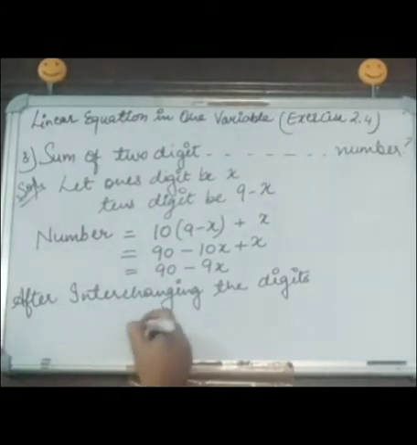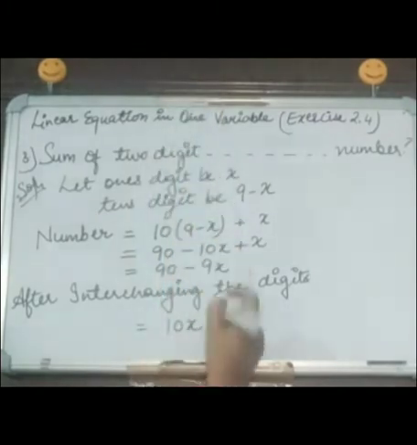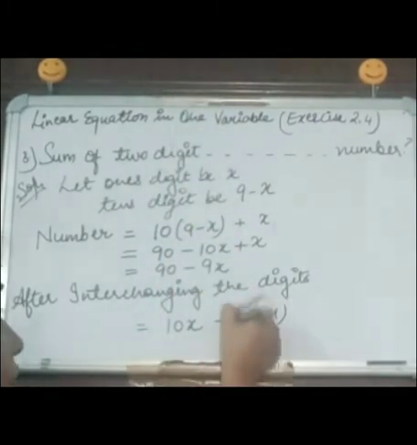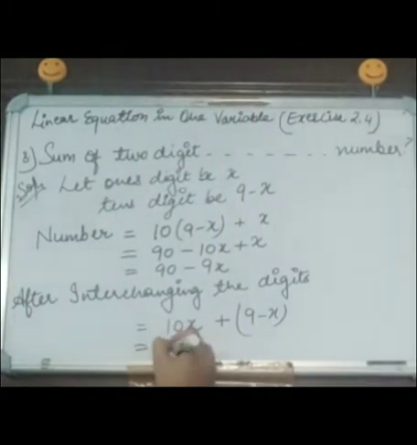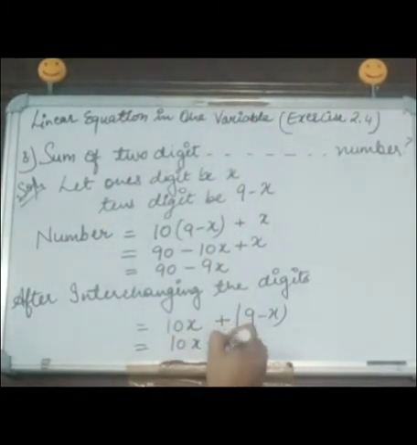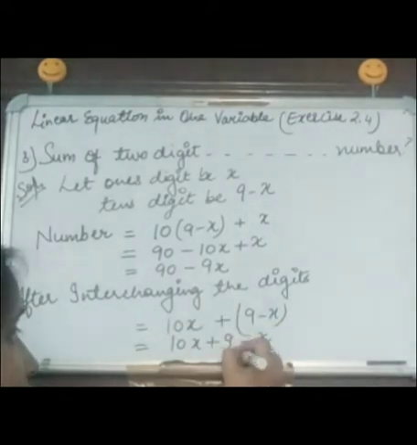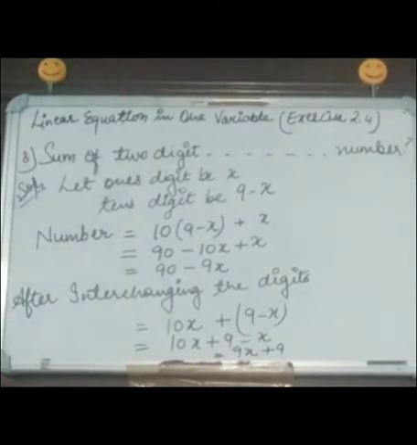Now the tens digit will be x and the ones digit will become the one which was at the tens place. Now it will become 10x plus 9 minus x, 10x minus x is 9x plus 9. This is the number we get after interchanging.